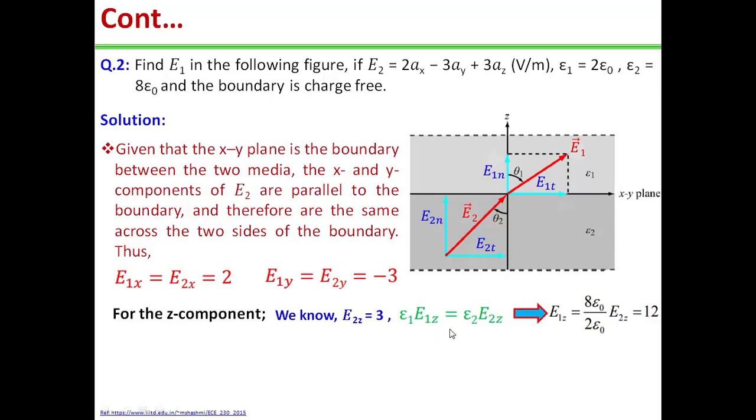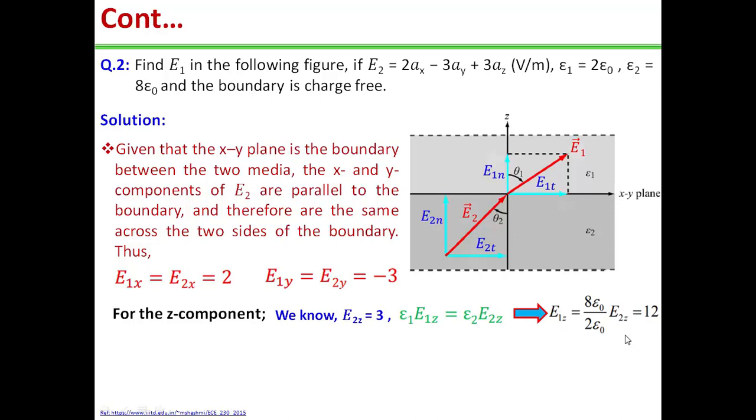So in terms of electric field, we can write epsilon 1 E1z is equal to epsilon 2 E2z. So what will be E1z? That can be epsilon 2 divided by epsilon 1 times E2z. And epsilon 2 is given as 8 epsilon naught and epsilon 1 is given as 2 epsilon naught, whereas E2z is given as 3. After solving, we will get E1z is equal to 12.